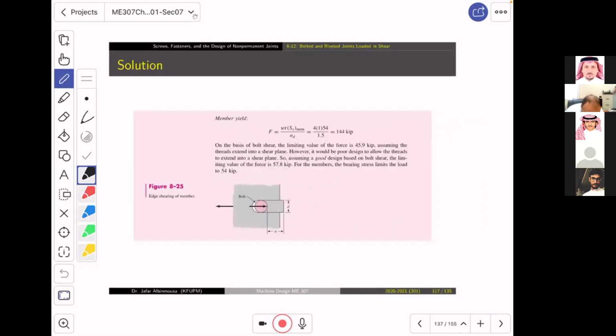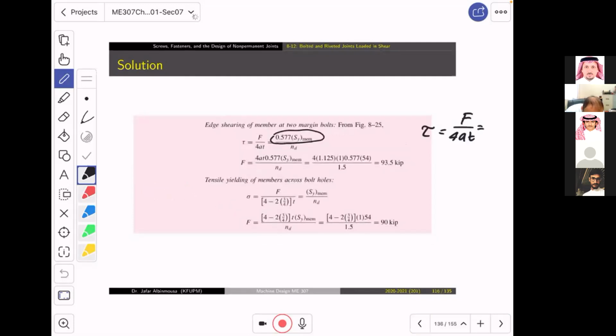It is the distance from here all the way to the end. So you need to figure out how much is the distance from the diameter of the bolt to the edge, and you substitute this A, and then you can find F. F for edge shearing is 93.5. So it is very, very safe. There is no worry about it.